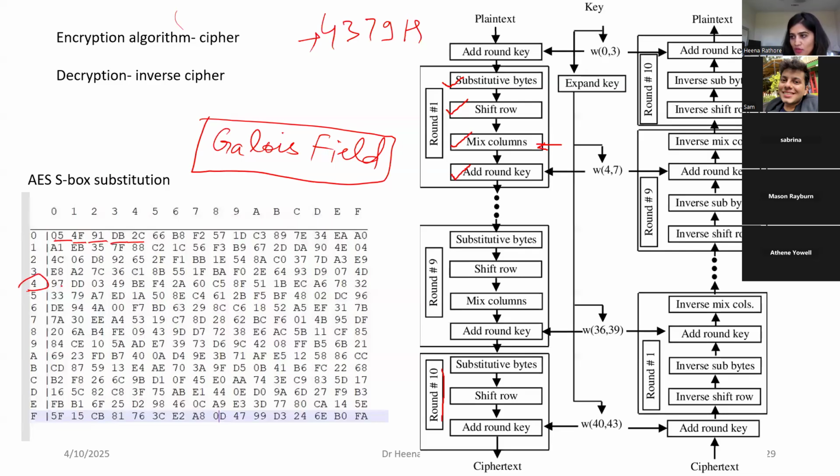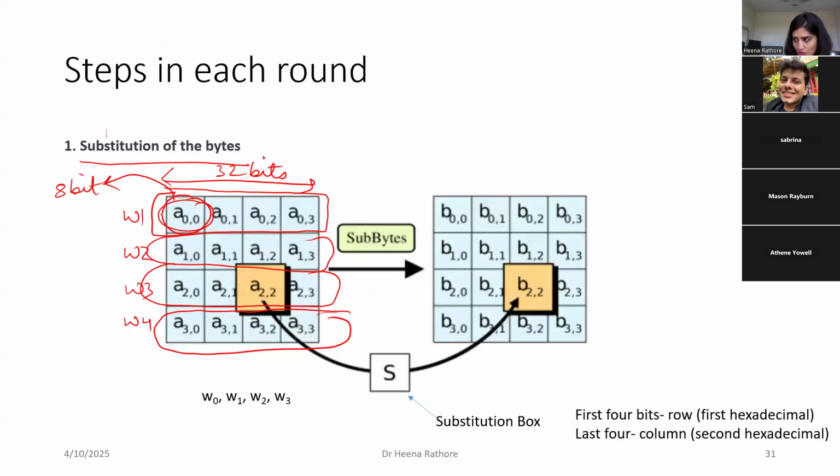So for instance, if your byte is 45, then 4 would be written in binary, 5 would be written in binary, and then you will look at the S box, identify that specific position, and substitute it with the corresponding new block.